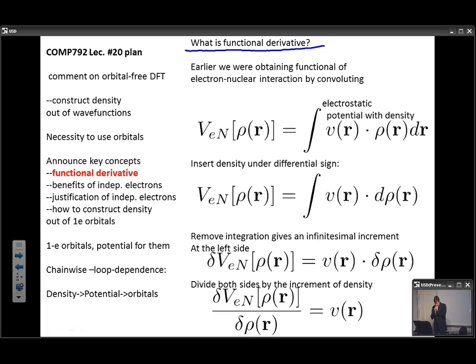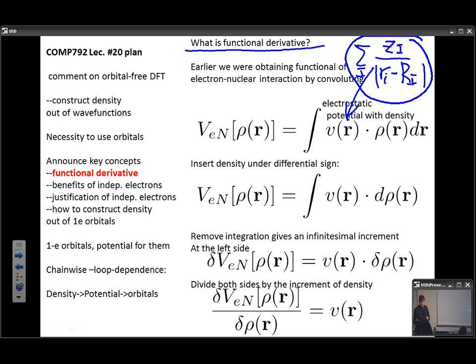When we were describing how the interaction between electrons and ions contributes to the total energy, we derived that one can combine all ions, the term for ion number I, with summation over ions, making a term which corresponds to the attraction of electrons to nuclei, and then convolute it with the charge density.